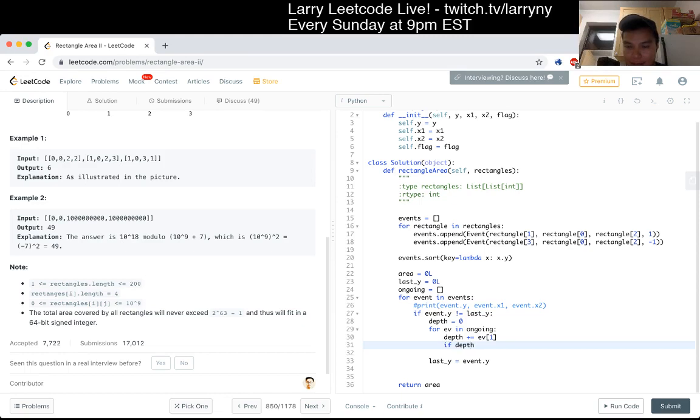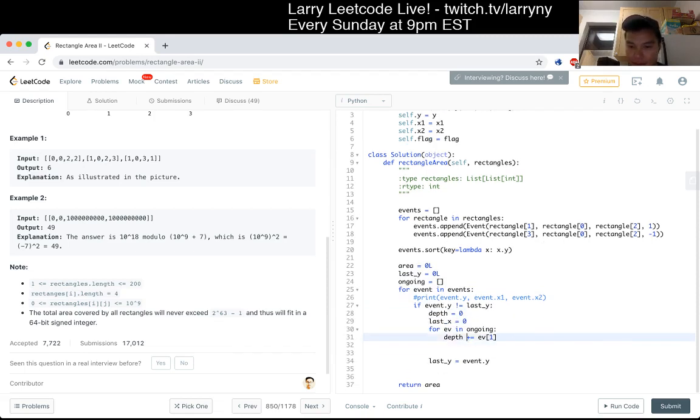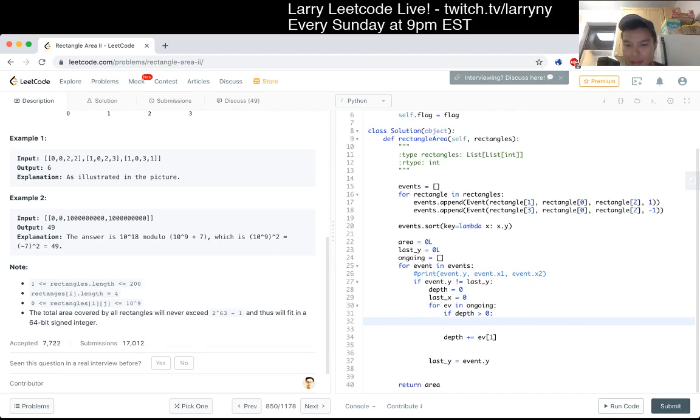Depth is... and you see, and then you add the area. Okay.